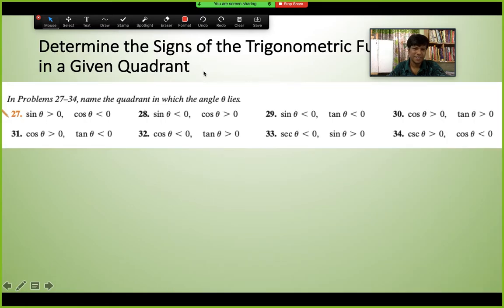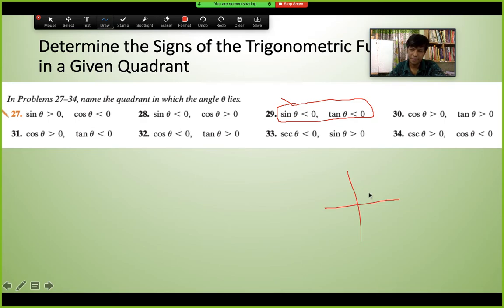Suppose this situation. This is an exercise based on the previous slide, an application of it. Sin theta is less than 0, and tan theta is also less than 0. In which quadrant is it possible?